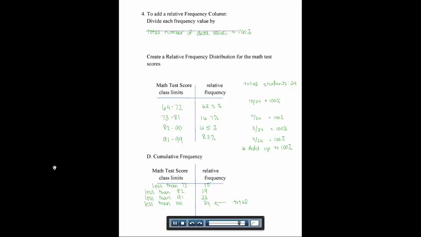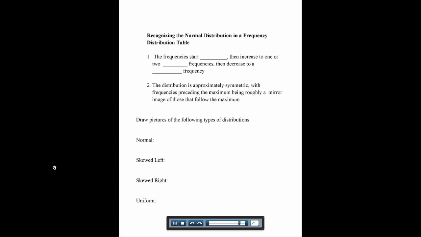Okay, so just to talk a little bit about distributions, the shapes. First, we're going to talk about a very special one that we'll see a lot in this course, and that's called the normal distribution. And this is one that has what's sometimes called a bell-shaped curve.